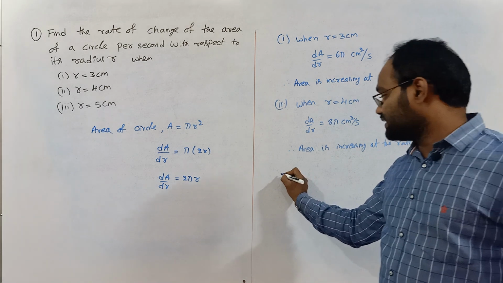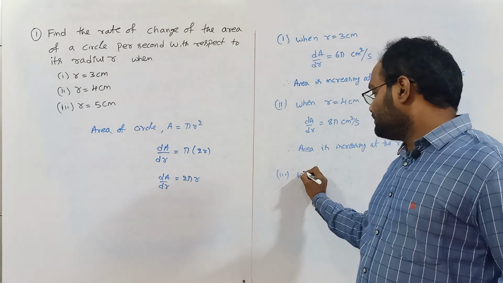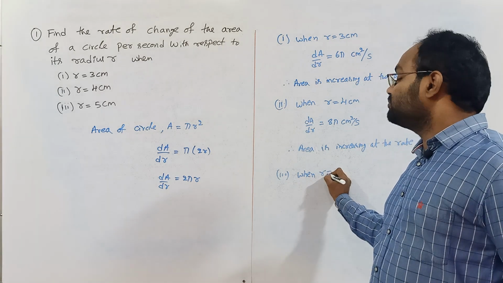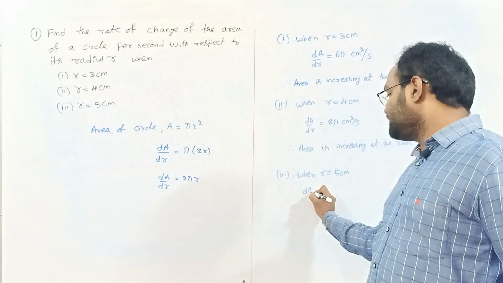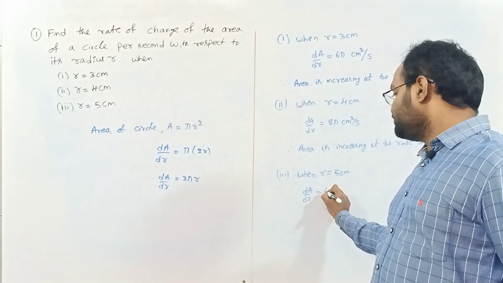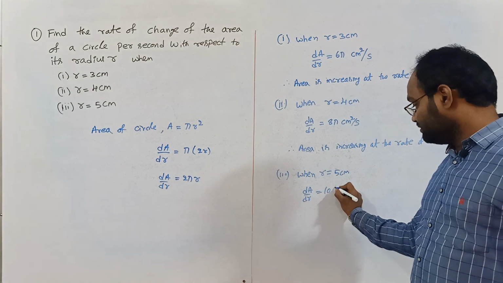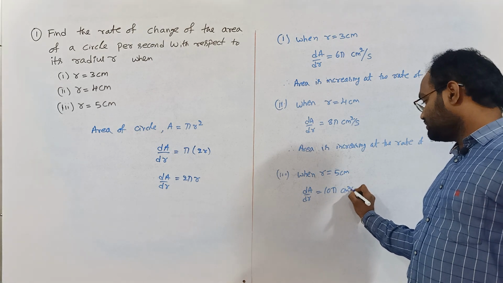Similarly, the last case, when r is equal to 5 centimeter, what is dA by dr? Obviously it is 2 into 5, 10π centimeter square per second.